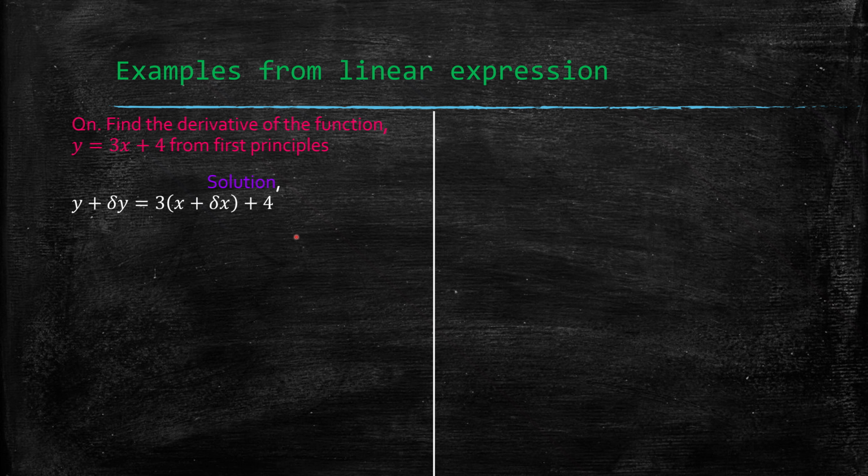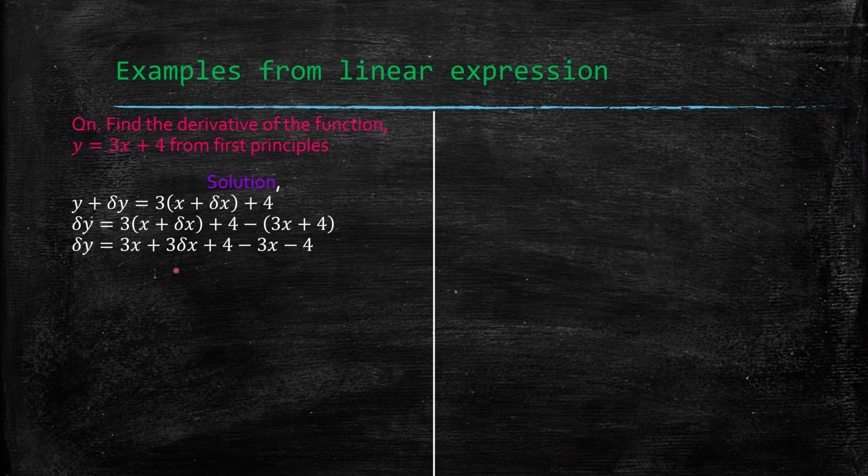After doing that, we say that we are going to make small change in y the subject, whereby we take y across, which becomes negative, and keeping in mind that our y was our function, which is 3x plus 4. That means small change in y is equal to 3 into x plus small change in x plus 4 minus 3x plus 4.